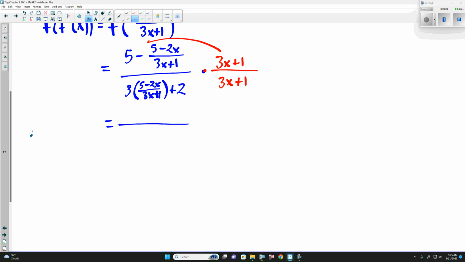Because if I multiply this by both, the first part is going to be 5 times 3x plus 1. We'll simplify that here in a minute. But when I multiply by the fraction, the denominators will cancel, giving us just the numerator 5 minus 2x. We put it in parentheses because of the subtraction in front.